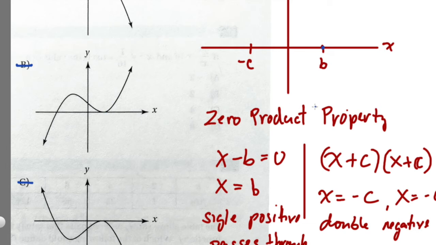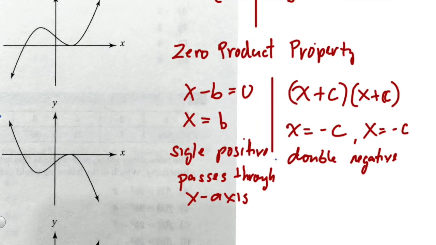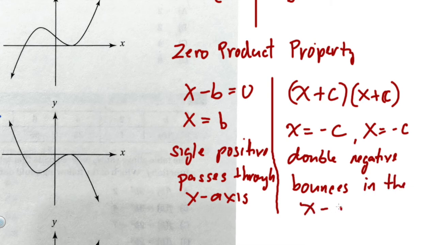Another thing we need to note is that when we have a double zero of a function or equation, instead of passing through, the graph just bounces on the x-axis.